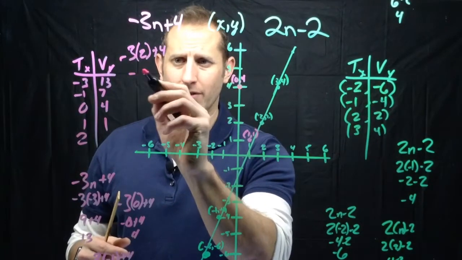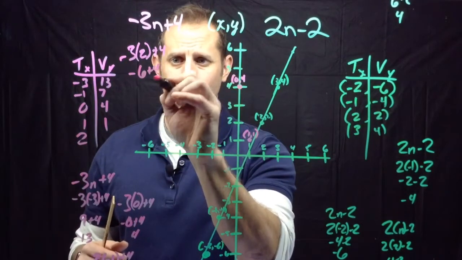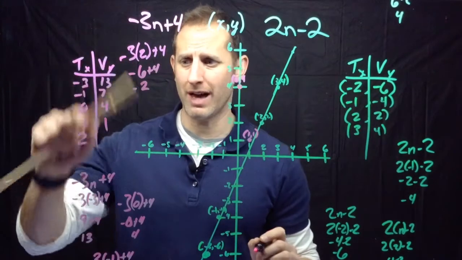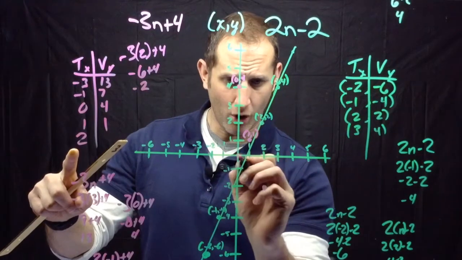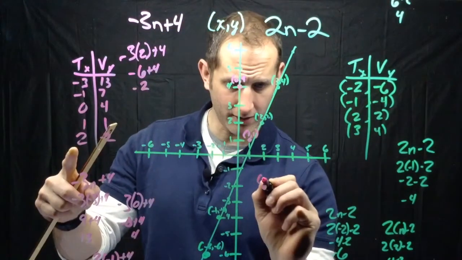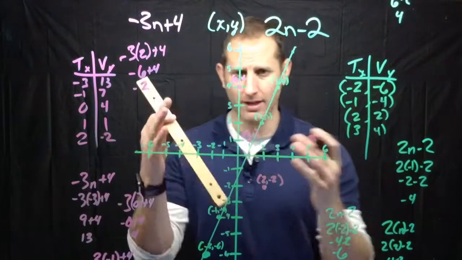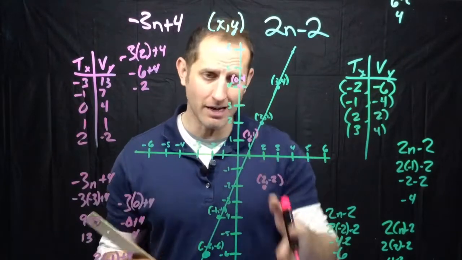Negative times a positive is a negative, so that is negative 6 plus 4. Negative 6 plus 4 is negative 2. So I know that my second term number is going to go over 2, down 2, right there. So 2, negative 2. And now I have 3 dots that I can use, and that makes it easier for me to actually plot my line on here.